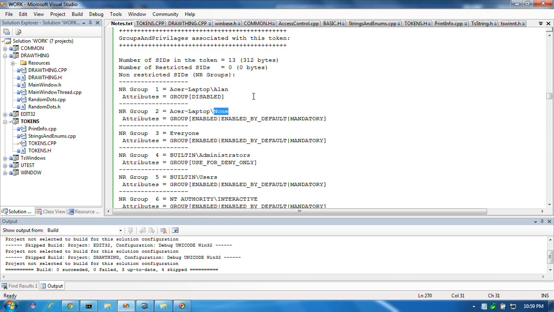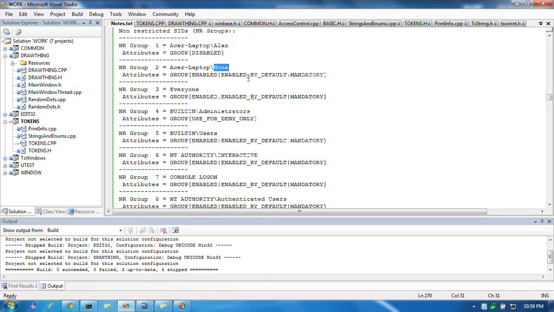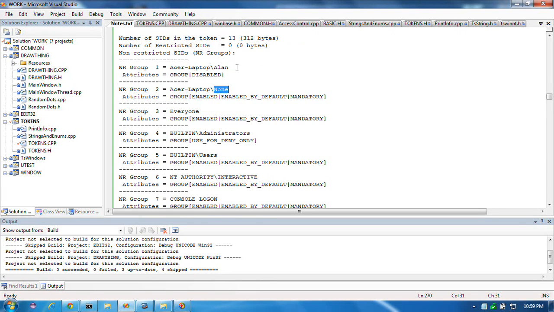This is one that I discovered recently, and I was a little bit worried about finding a group called None, and it's got a weird SID that ends with the number 513. It's a big long number.